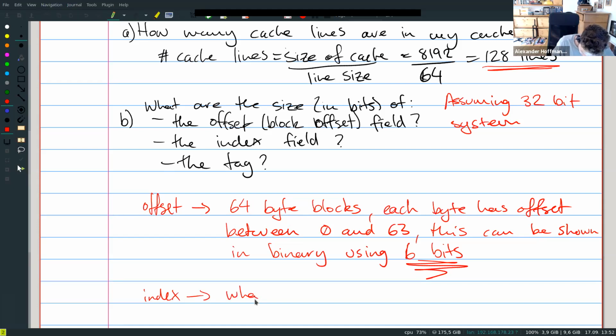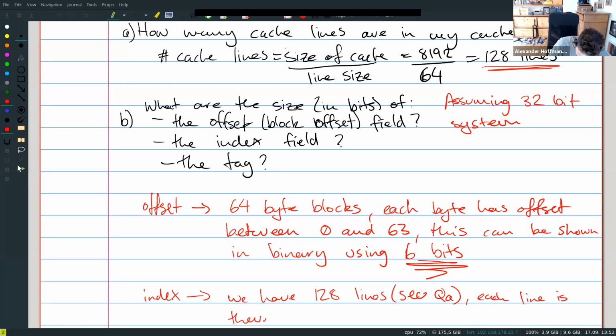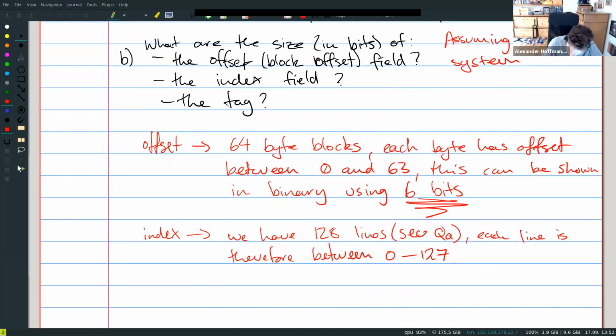Each line is therefore numbered between 0 and 127, meaning, same as above, this can be shown in binary using 7 bits.